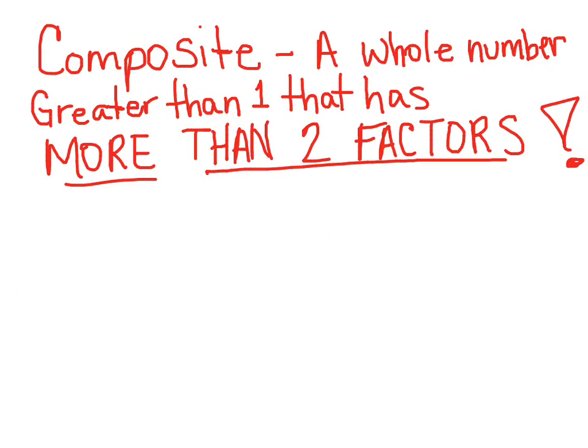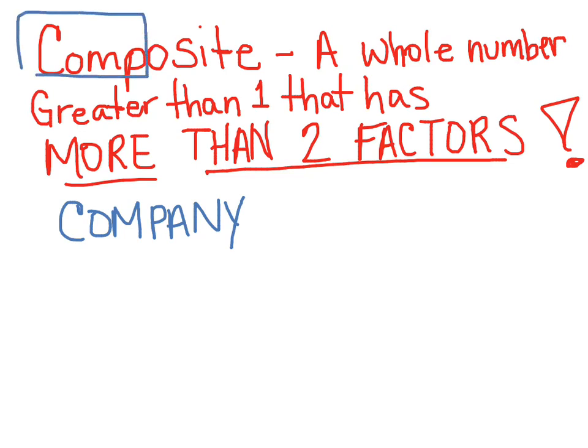Okay, prime and composite numbers now. Let's look at composite first. Composite is a whole number greater than 1 that has more than 2 factors. Okay, so when we think of composite, we think of composite as loving company.